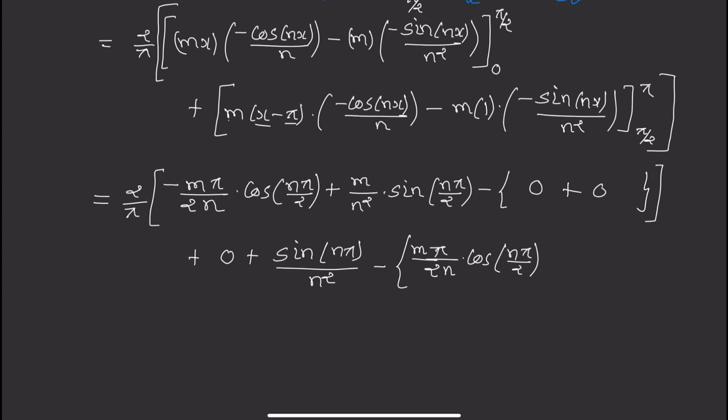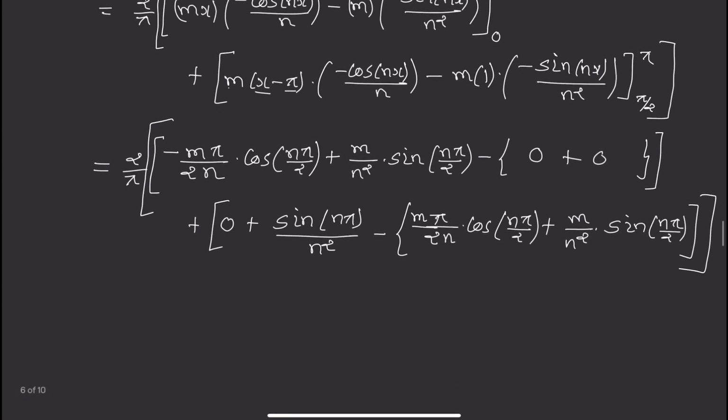So now when x is pi by 2 here, so minus minus plus, so it is plus m upon n square into sine n pi by 2. These are the values, and this is the main bracket.